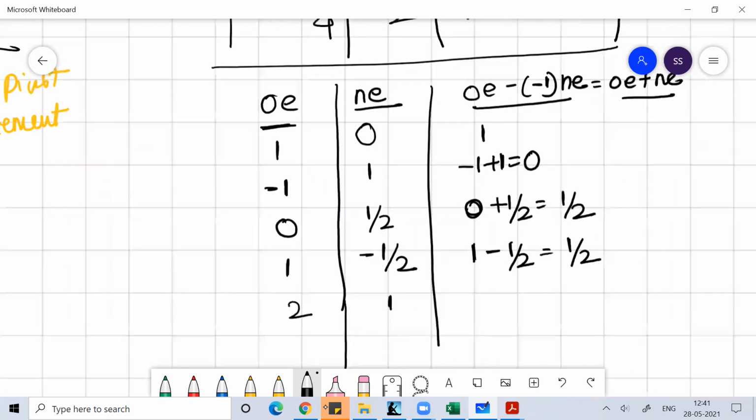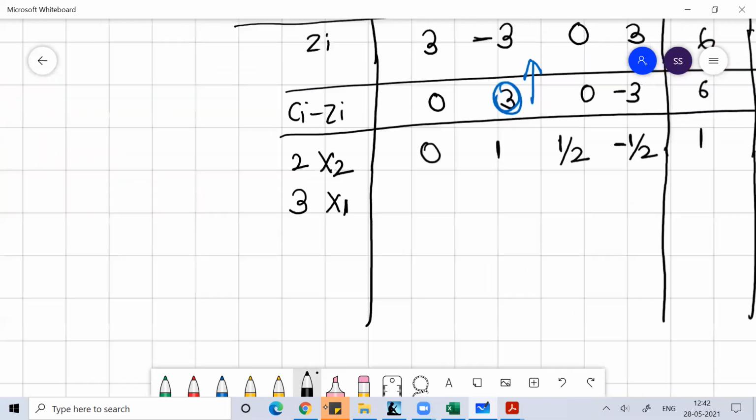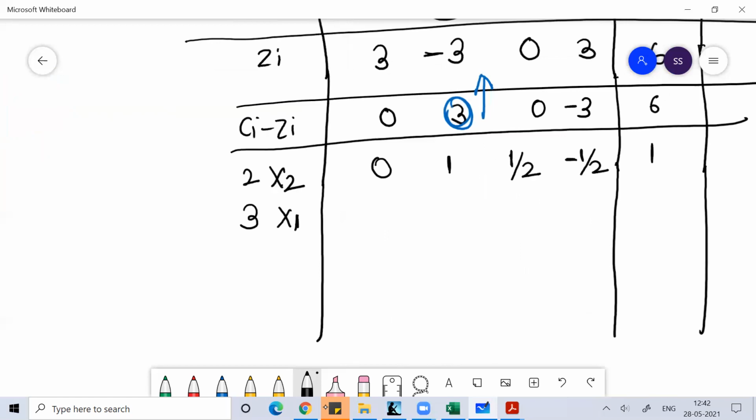Then 2 plus 1, this is 3. This would be the new values of x1: 1, 0, 1 by 2, 1 by 2, and 3.